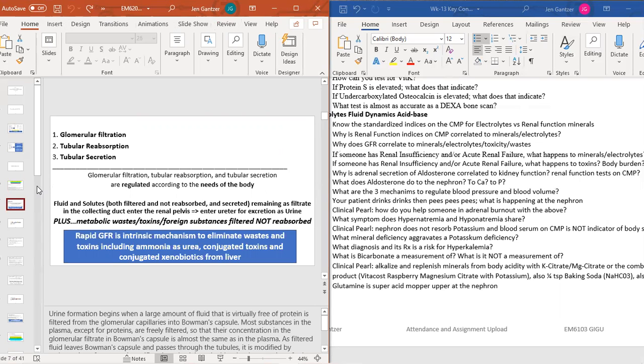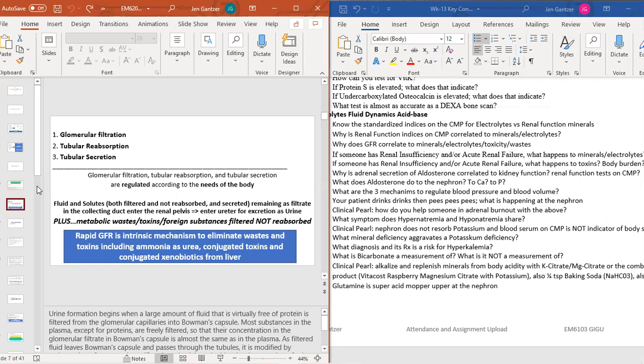Those are your control points where we resorb nutrients. If you do not have a nephron mechanism to resorb the solutes out of the filtrate, which is formed from that 22% of renal artery flow going through your glomeruli at the kidney, anything that is not resorbed through the control points of the nephron remains in the filtrate, which is urine. That is one of the most important mechanisms of excretion.